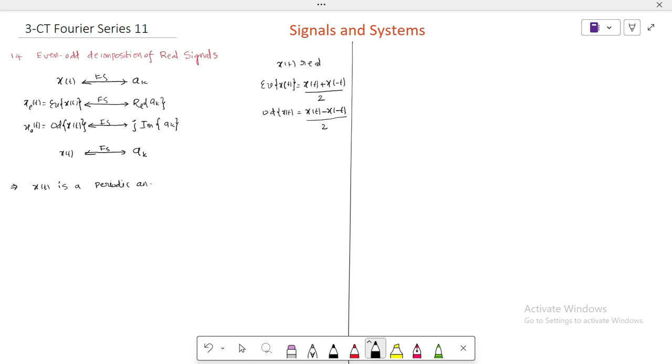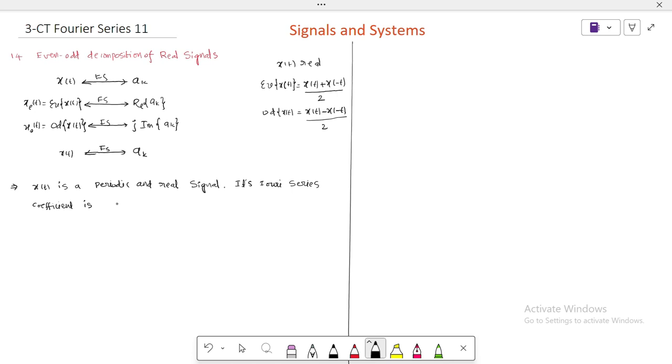Its Fourier series coefficient is AK plus j into BK, that equal to ak.